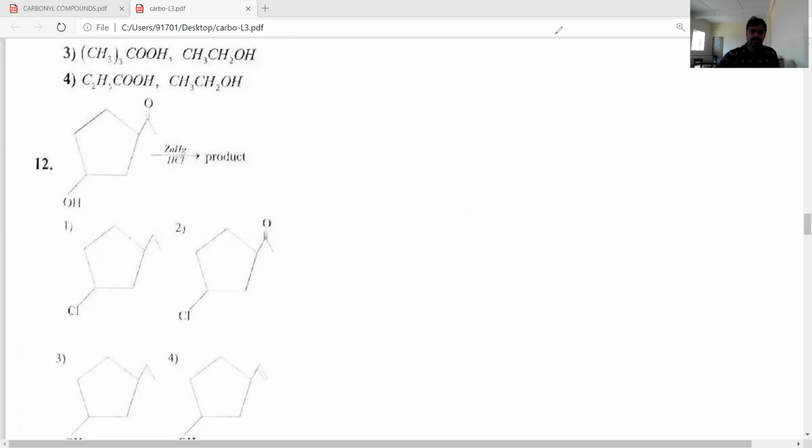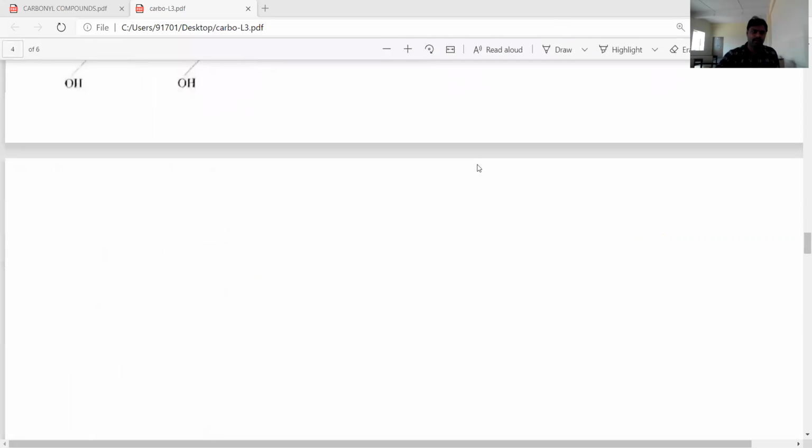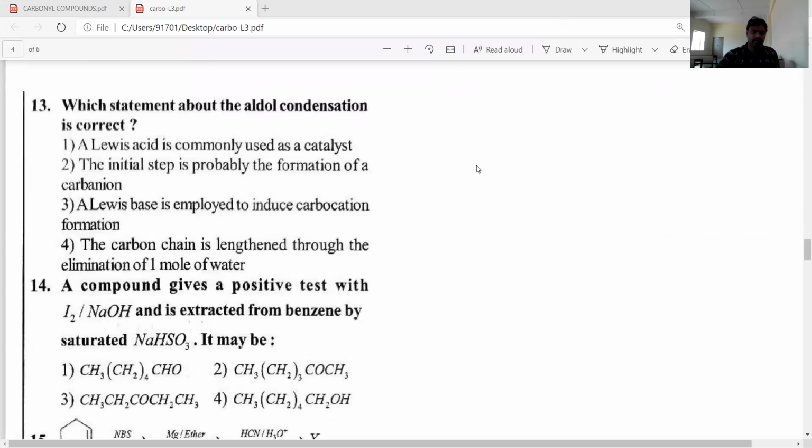Okay, students, let's see which statement about aldol condensation is correct. Aldol condensation means what, my dear students?